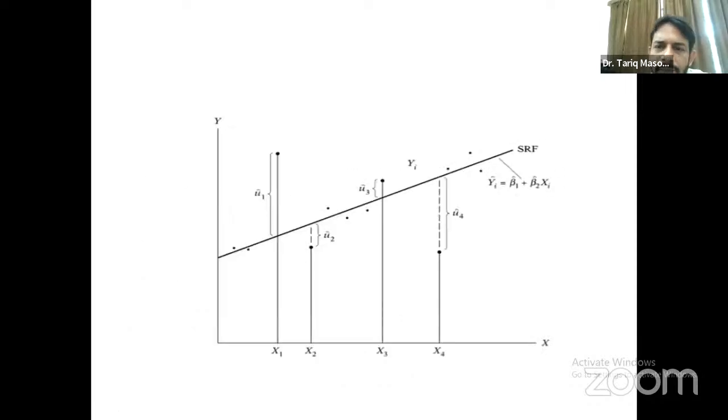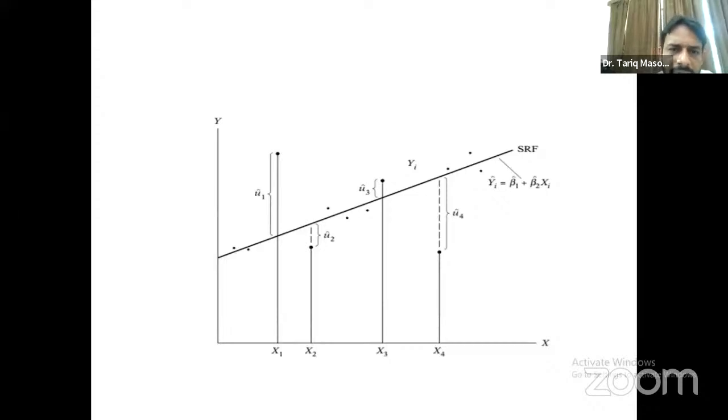Yeah, this is the graphical representation of the same phenomenon. We have some sample regression function, and there are a number of data points corresponding to x and y. There is a deviation of all those points from the sample regression function. So that deviation is the residual term: u1, u2, u3, u1 cap, u2 cap, u3 cap, and so on.